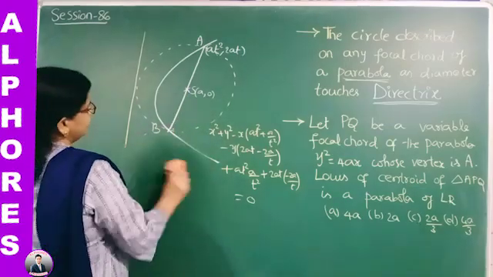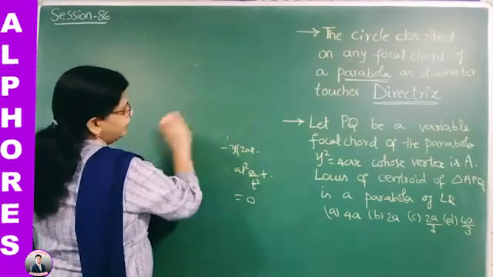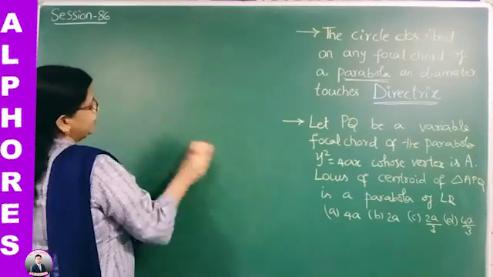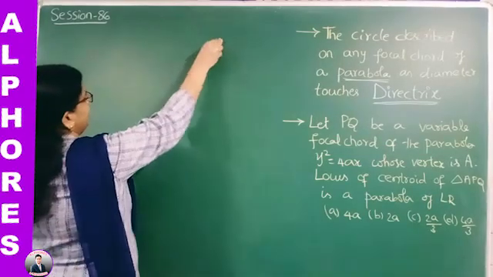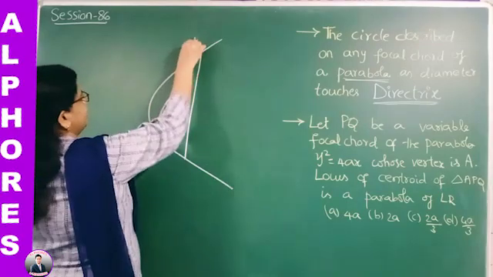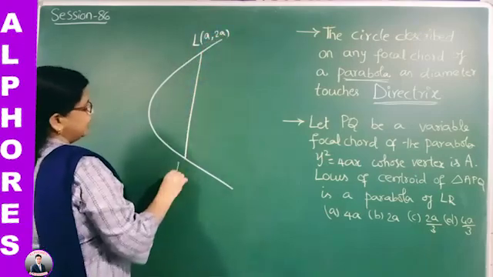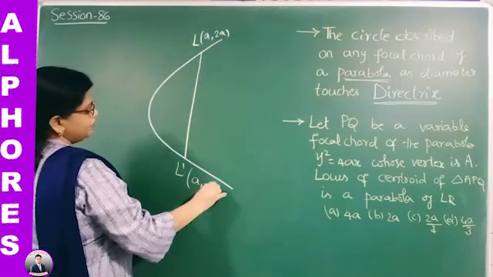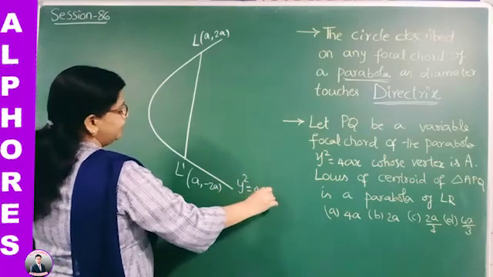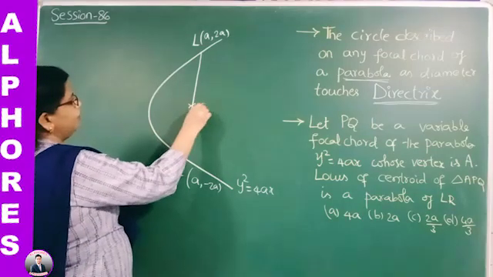And the other short method I am taking here: for any proof, whenever you want, just make use of the latus rectum. Suppose you take the parabola y^2 = 4ax and the latus rectum, with L(a, 2a) and L'(a, -2a). We are taking the latus rectum because this is also a focal chord.